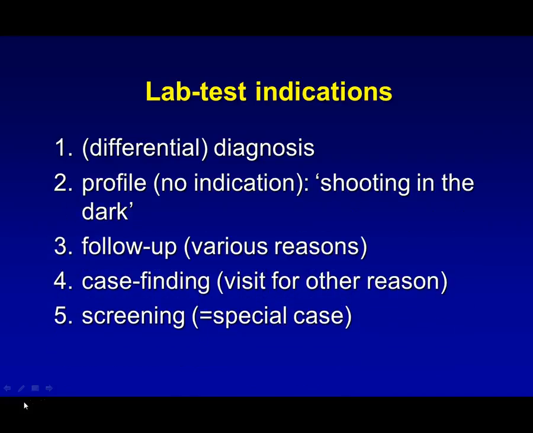The most important lab test indication is to diagnose a patient. Sometimes there's profiling, we call it shooting in the dark. There's no indication, there's no clinical sign of a disease. Profiling is, for example, used in preoperative screening because the outcome of, for example, diabetes and thyroid disease is very important in the outcome of surgery.